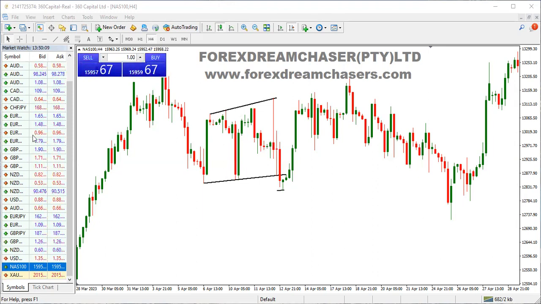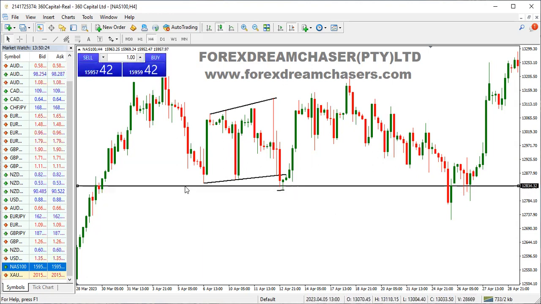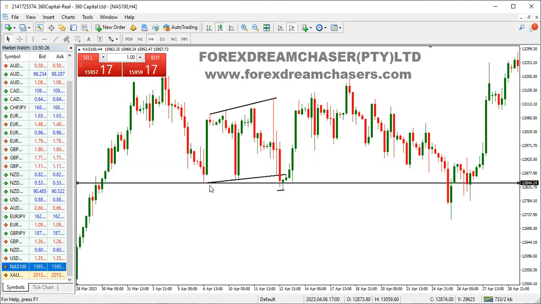I always say that your left-hand side is very important in everything you do. Unfortunately, it didn't touch accurately here, with a potential continuation pattern going along with another one above. They didn't touch it accurately. We can say they respected this one, but it already has 2 touches. What we can do here is, you still have an opportunity to buy the support. Our support is the first time here.